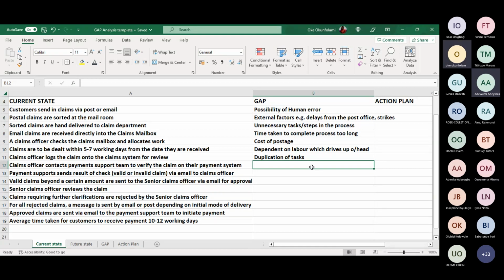But the problem I saw there was, while they're making the claim, they could put a self-addressed envelope back, which could assist elderly people. Yeah, that will help, and that will speed up the process of them receiving it. So that's probably more like an action plan. Okay, that's fine. So thank you, everyone.